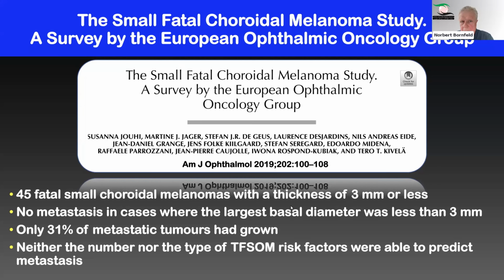The second take-home message is that only a third of the tumors in these patients had grown before metastasis occurred. And the third take-home message is that neither the number nor the type of the TFSOM classification risk factors were able to predict metastasis. So the classification TFSOM, as just shown, shows risk factors for growth, but that does not necessarily correlate to metastasis.